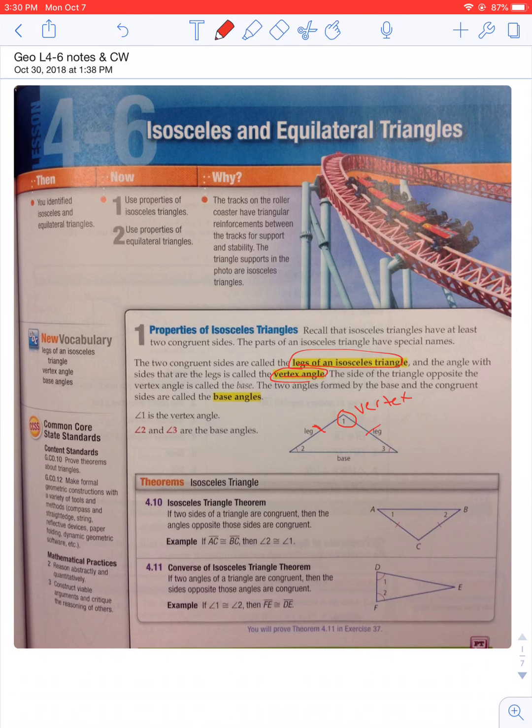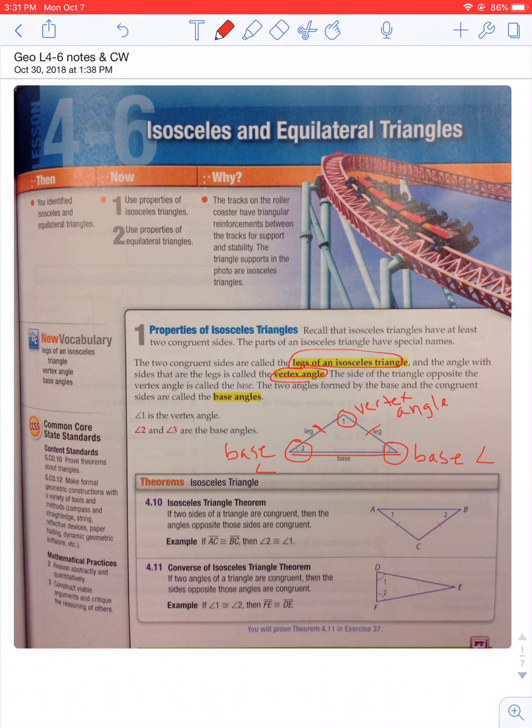And then they have another set of vocabulary about the angles, and these are called base angles, okay? Angles 2 and 3. So this top one's called a vertex angle, but the bottom ones are called base angles, okay? And it's real important to understand what each thing's called. And so then this bottom side here is called a base.